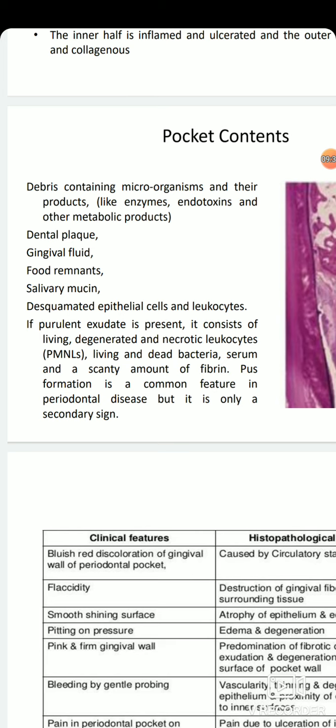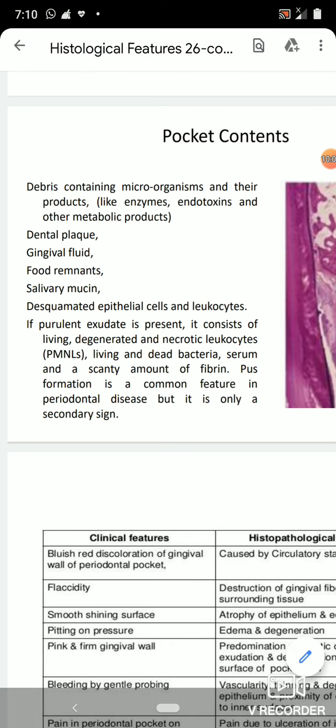All these PMNs, after death, become desquamated, and if purulent exudate is present, it consists of living, degenerated, and necrotic leukocytes, living and dead bacteria, PMNs, serum, and a scanty amount of fibrin. Pus formation is a common feature in periodontal disease, but it is only a secondary sign of a pocket.